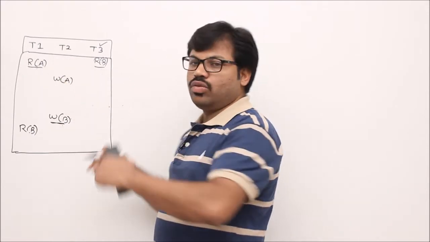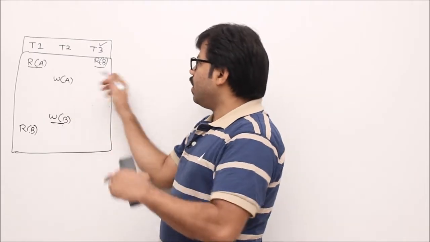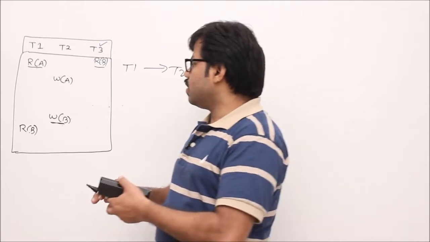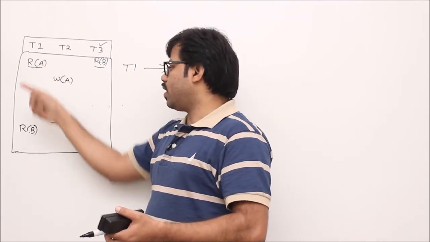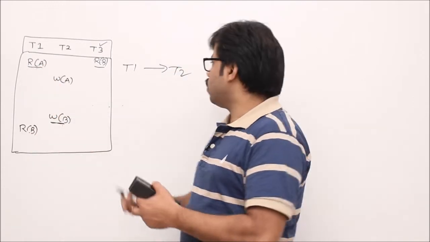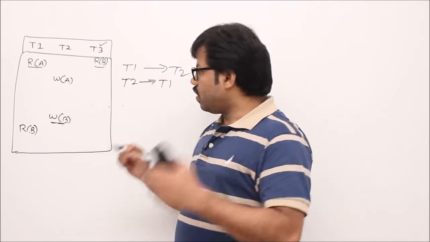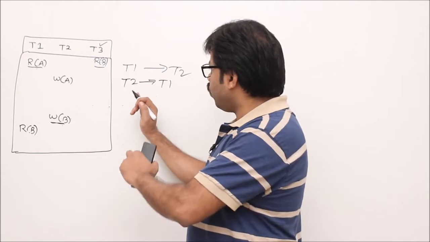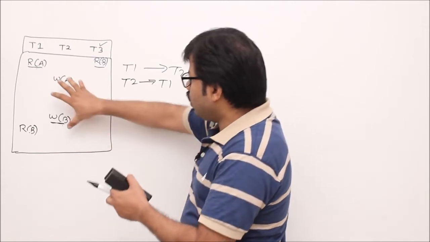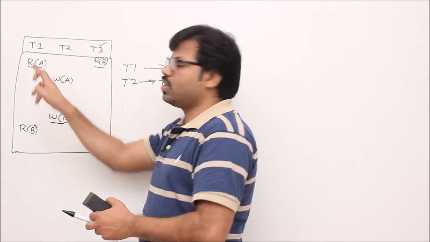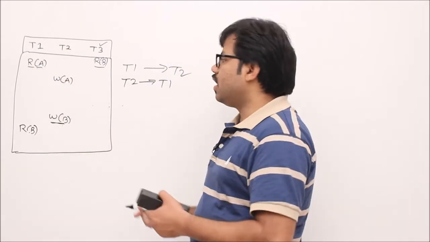Let's say you want T1 followed by T2. To do that, this read of B should be moved up, but this will stop it. The second alternative is T2 then T1. For that, T2 operation should go up. For that, write of A should go up, but this will stop. So finally, it is impossible.